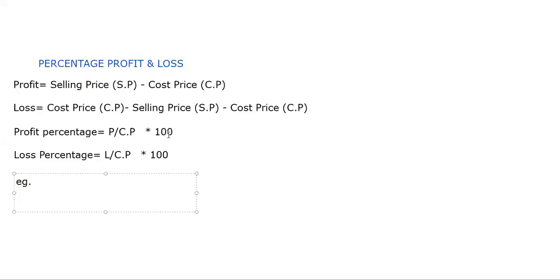Okay, so profit is your selling price minus your cost price. When you see SP, it's in reference to selling price, and CP, cost price. Your loss is your cost price minus your selling price, because your cost price will be higher if you made a loss.